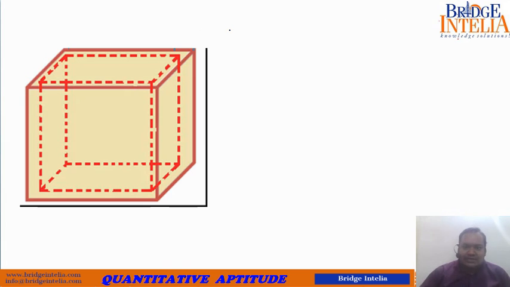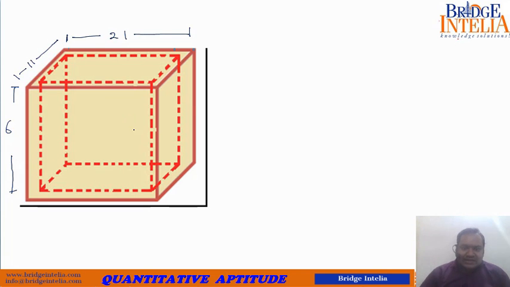So now see. The dimensions given are 21. Let's suppose that this is 21 units, this is 11 units, and the height is 6 units.